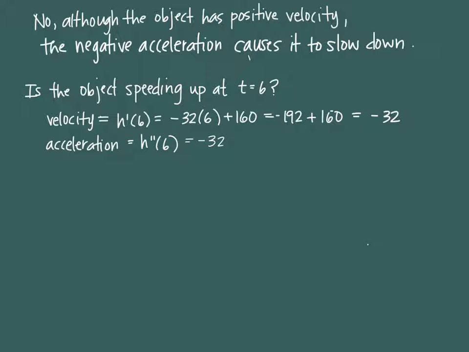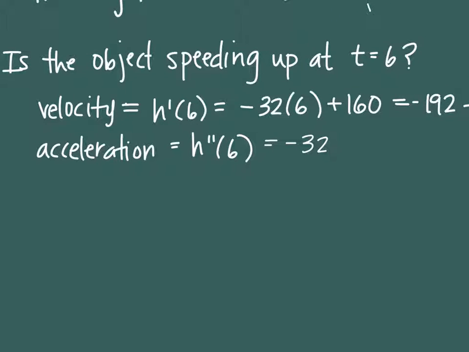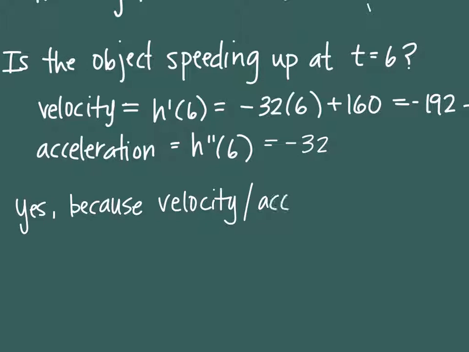Since the velocity and the acceleration are both negative now, they work together to cause the object to speed up. And so the answer is yes. Because the velocity and acceleration have the same sign. They're both negative.